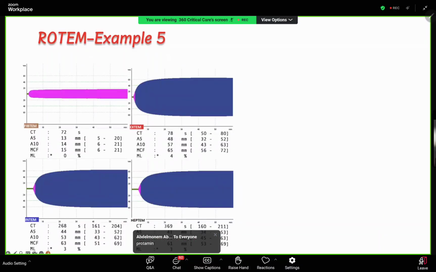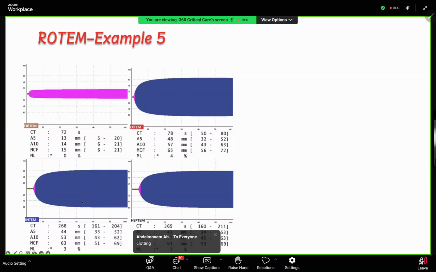Okay. What is this one? This is an important one. Now see this bottom line here. I'll just point out what is there. In the INTEM, the clotting time is 268. In the HEPTEM, the clotting time is 369. Both are prolonged. And in the EXTEM, the clotting time is normal.